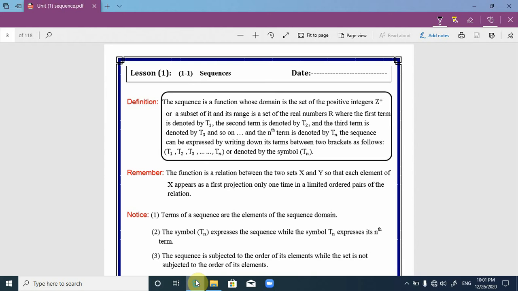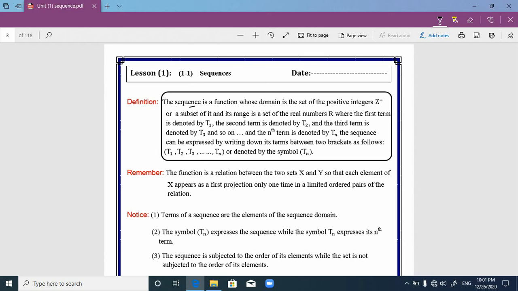The sequence is a function whose domain is the set of positive integers or a subset of it, and its range is a set of real numbers R, where the first term is denoted by T1, the second term by T2, the third term by T3, and so on, and the nth term is denoted by Tn.